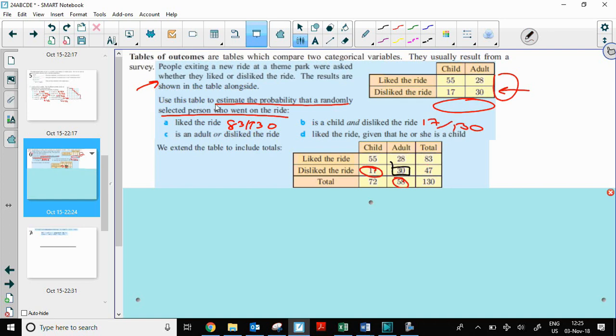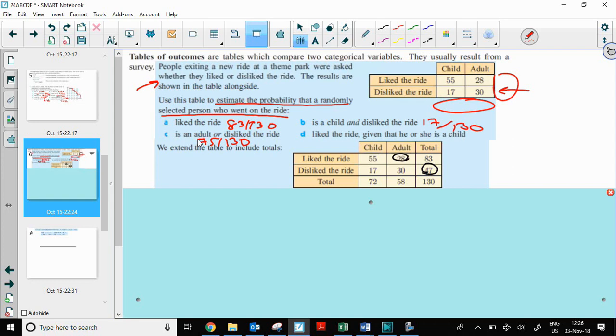They'd be counted both as an adult as well as someone who disliked the ride. So I don't want to do that. So I'm just going to add up 58 plus 17. Or my other option is we could do 47 plus 28. We're going to get the same answer either way. So 75 out of 130.